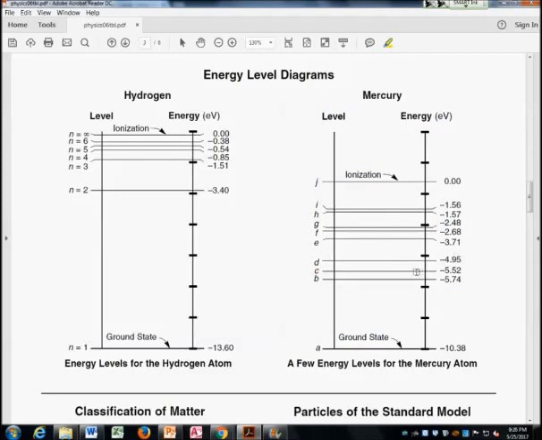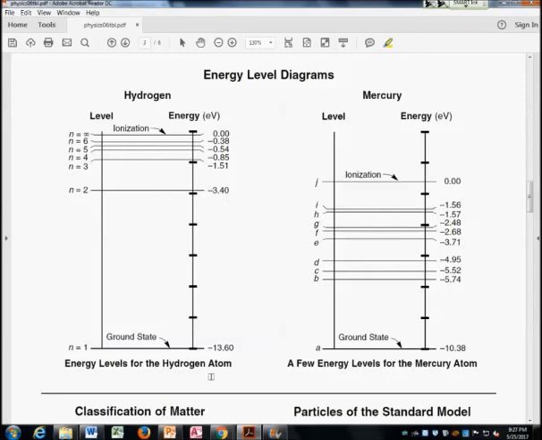Okay, and it's similar to the hydrogen atom. Going from J to I will give off light. Going from H to E will give off light, going from F to B will give off light, but all those are in the non-visible. The only changes in energy level that will give you a visible photon are dropping from higher levels down to D, okay? Like with our hydrogen, it was dropping from higher levels down to our number 2.